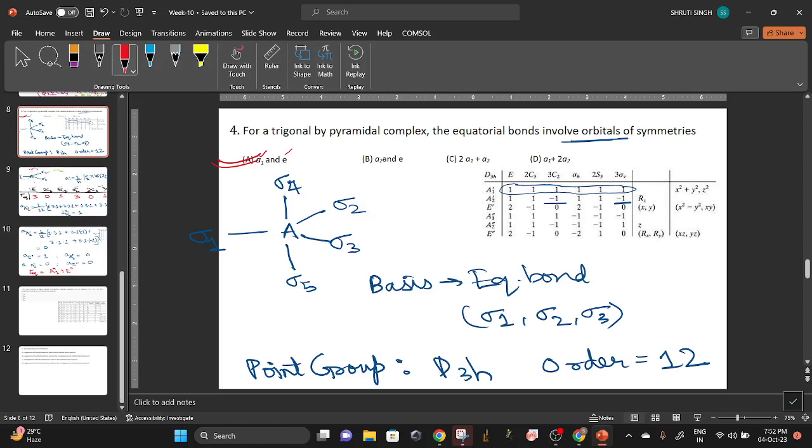So what did you mark in your assignment? Which option? I think you marked the first one. The answer given is option A, which is okay, but here it should have the dash. The dash is missing due to a printing error.